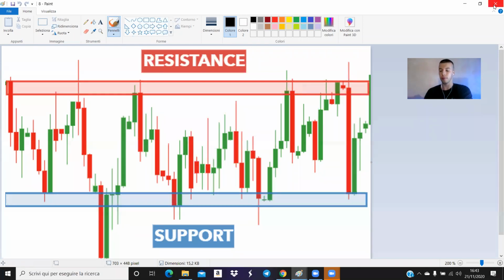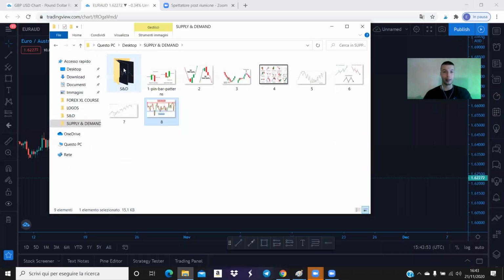Okay, now I did the whole introduction about supply and demand, what it is, why it works, and actually gave you some explanations about the candlestick patterns, the market phases and the market structure. Before moving on to actually supply and demand, which is this folder right here, keep in mind that I will show you some examples which are pictures from my own charts, not random pictures.